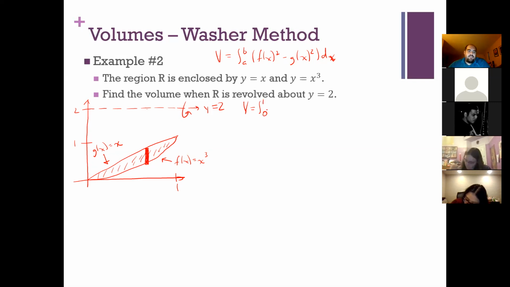We're still looking at that x interval. We're still using x as our independent variable. But now I'm going to write this as capital R of x squared minus lowercase r of x squared. So outer radius and inner radius. So let's just handle these one at a time. And let's draw at least one more representative rectangle here.